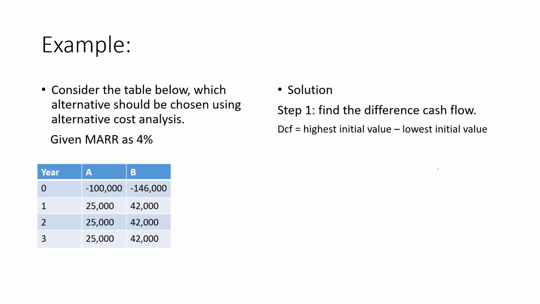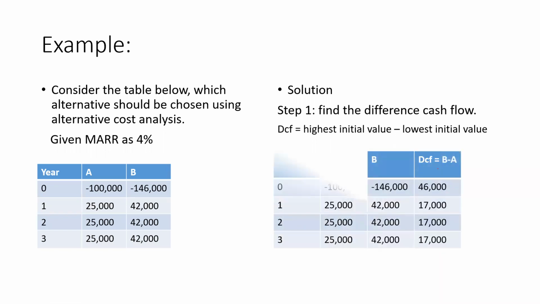By subtracting the lowest initial value from the highest initial value for each row. This is the new table. For the first row, the highest is 146,000 and the lowest is 100,000, so 146,000 minus 100,000 gives you 46,000.